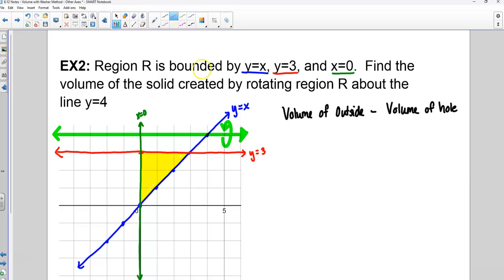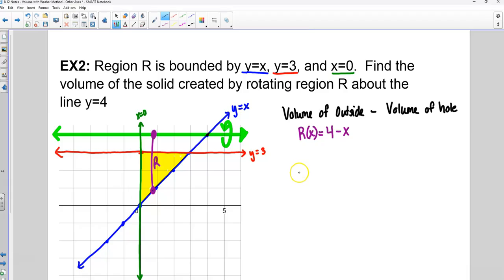So outside radius is going to be from the line you're rotating around to the furthest away point. That's your capital R. So your capital R of x is going to be top of that line. What's it hit? 4. Minus bottom of that line hits x.